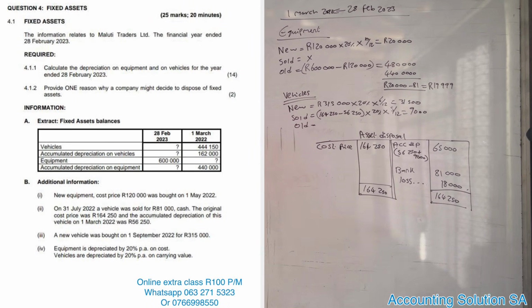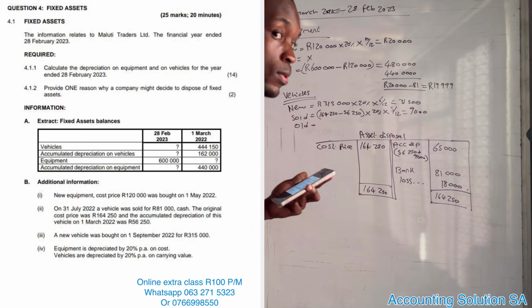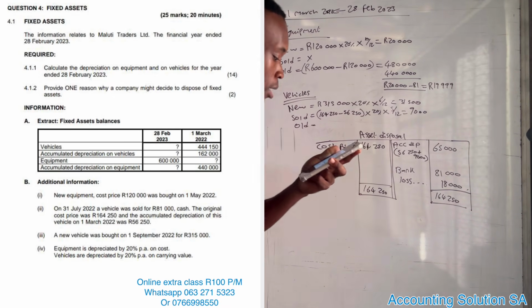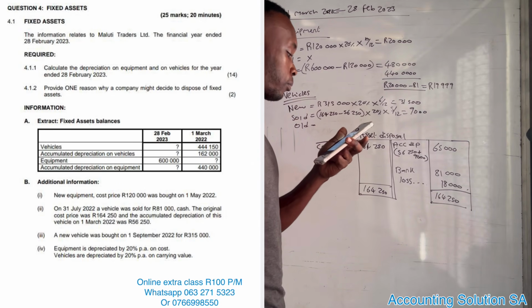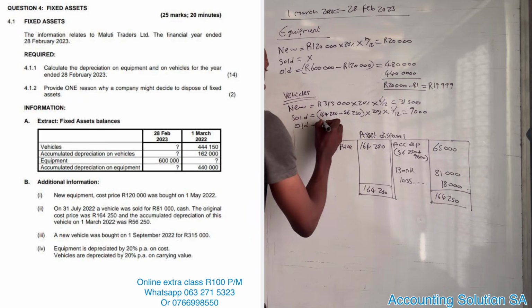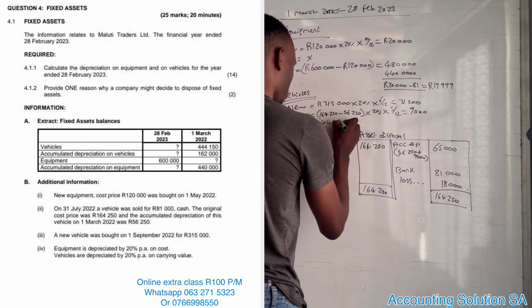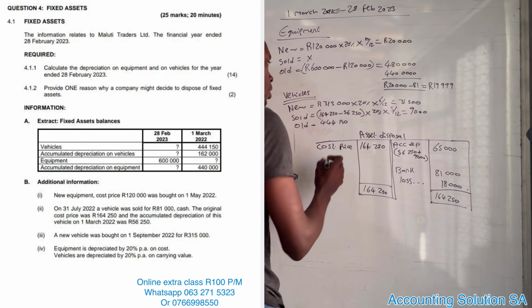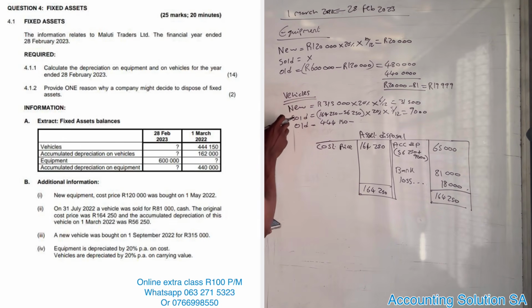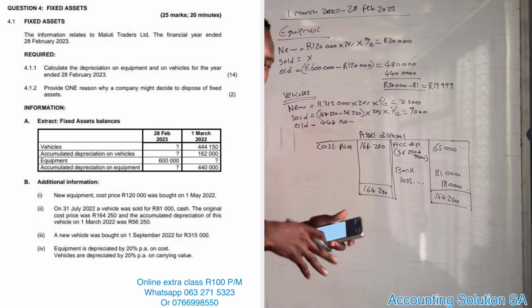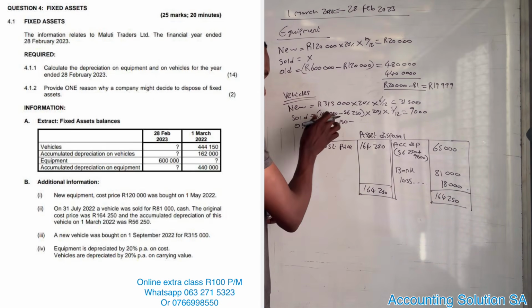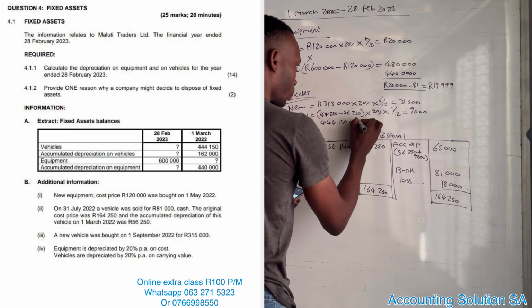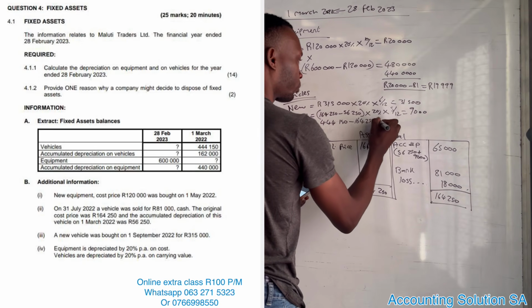After that, we now have to calculate our old one. For our old one, we have to go back to the balances. Remember there is a cost price of 444,150, but you must first remove the one that was sold, because this one is old, but we have already calculated depreciation for it separately, so we have to remove it: 164,250.